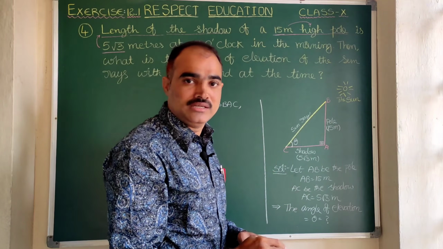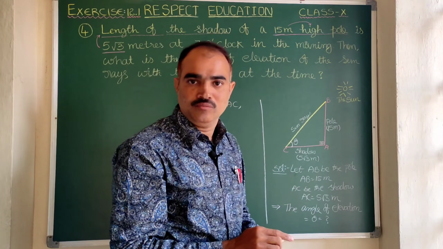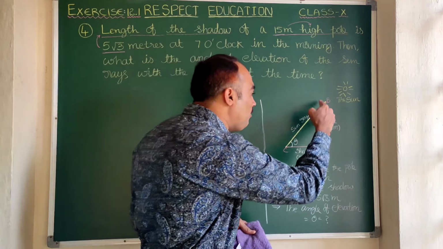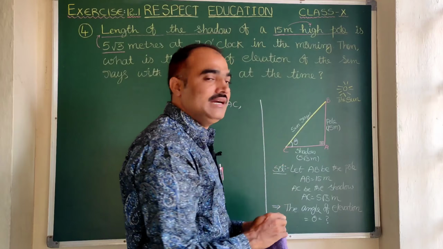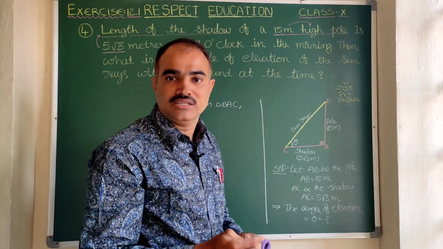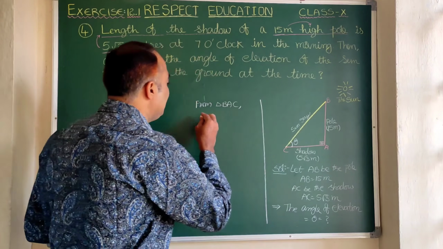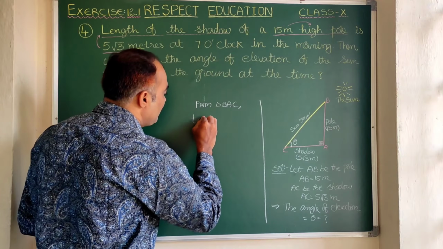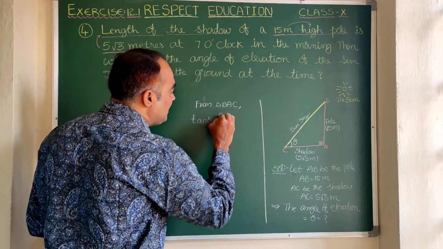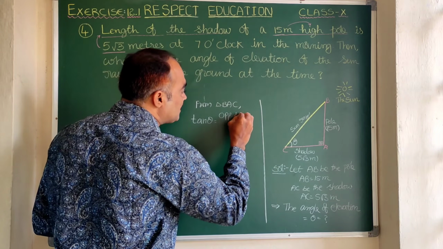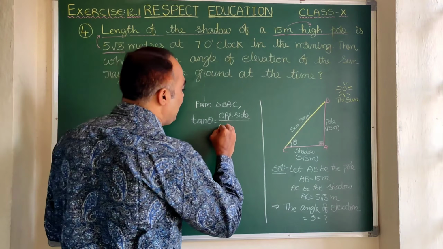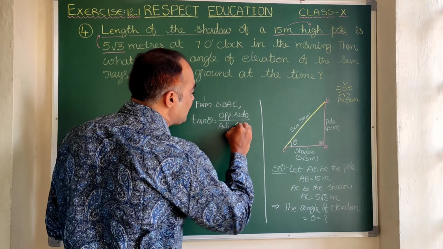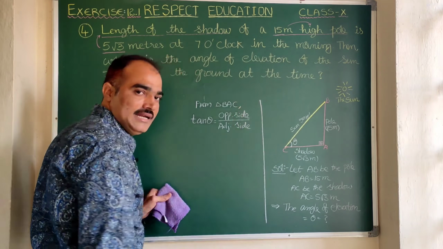Now you have to think which trigonometric ratio has a relation between opposite side and adjacent side. There are two. First one is tan theta and the second one is cot theta. So here I am taking tan theta. As you know, the formula of tan theta is equal to opposite side to theta by adjacent side to theta.